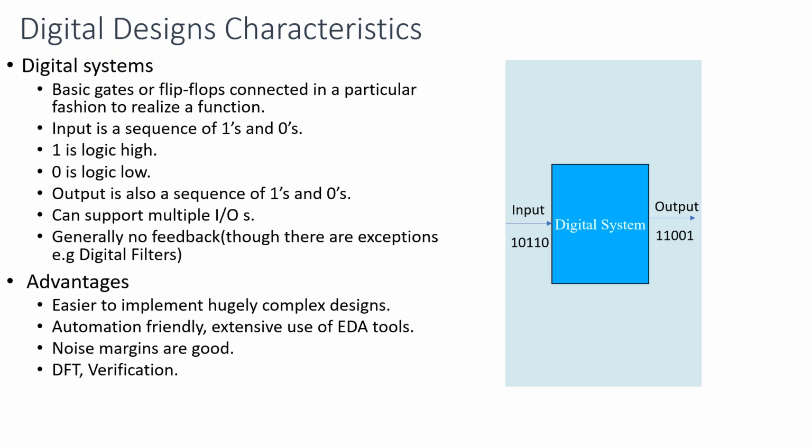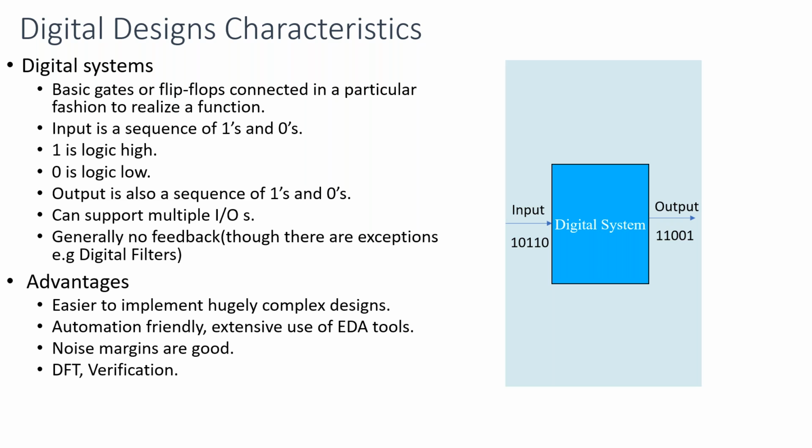Okay, so this is very brief. I believe most of you know the typical characteristic of digital design is that it works in a two-state system: logic 1 and logic 0. Essentially, you have a vector of inputs which are 1 and 0, and a vector of outputs 1 and 0, so you can support multiple IOs.